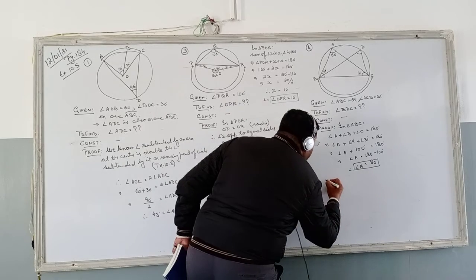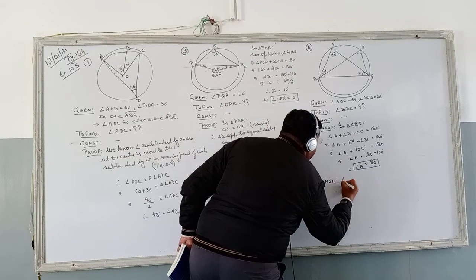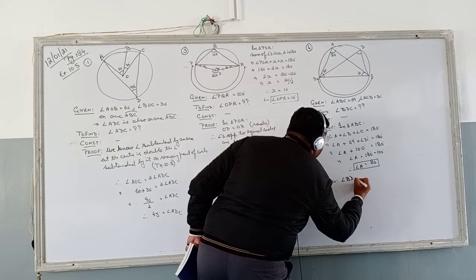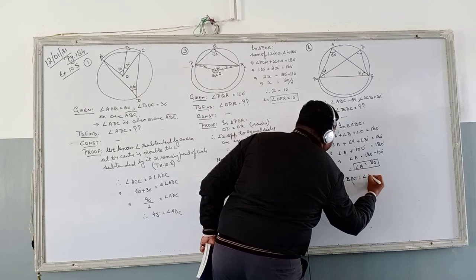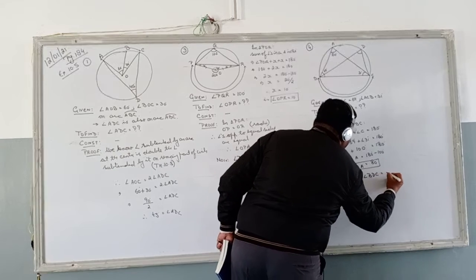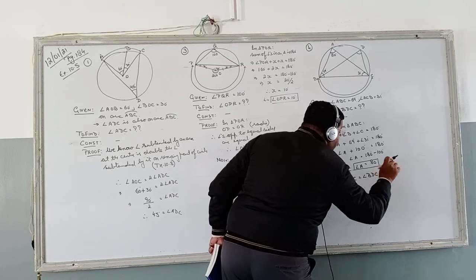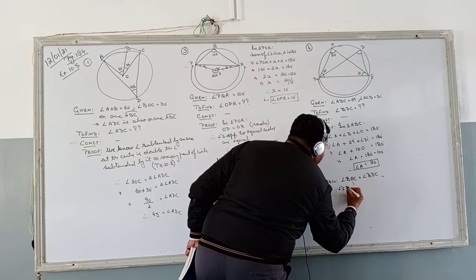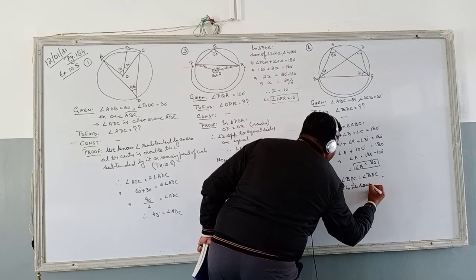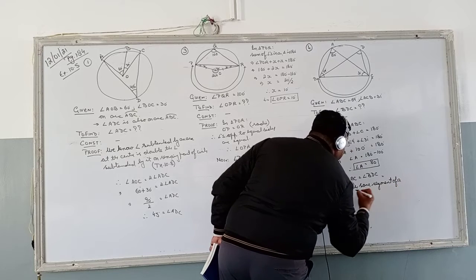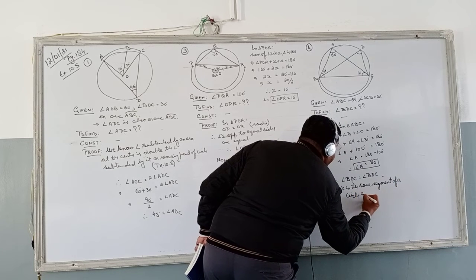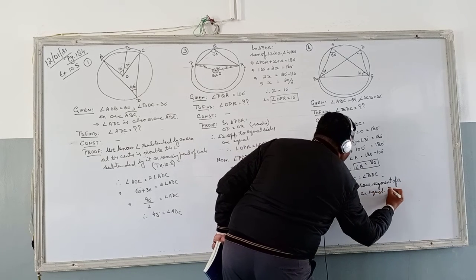Now, angle BAC is equal to angle BDC. Why? Reason: angles in the same segment of a circle are equal. Which theorem?